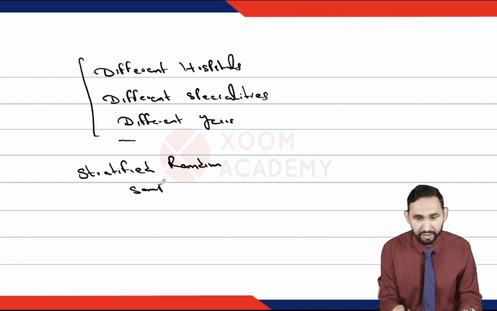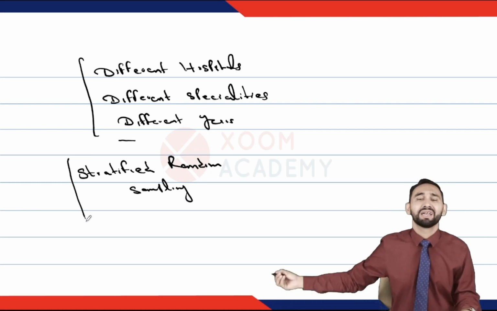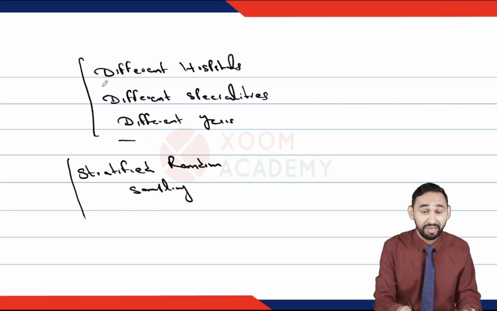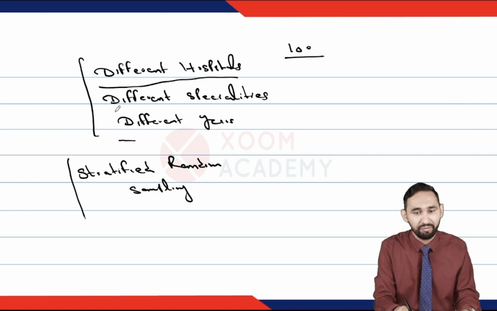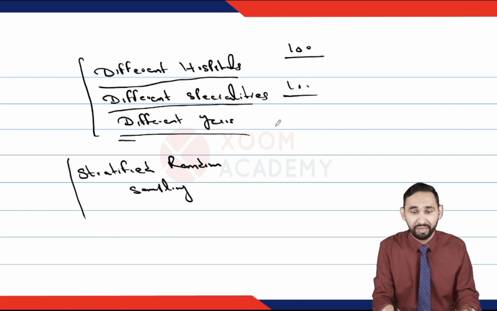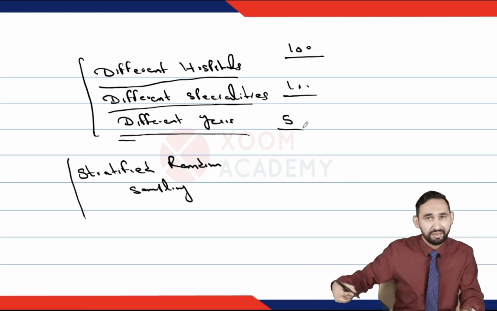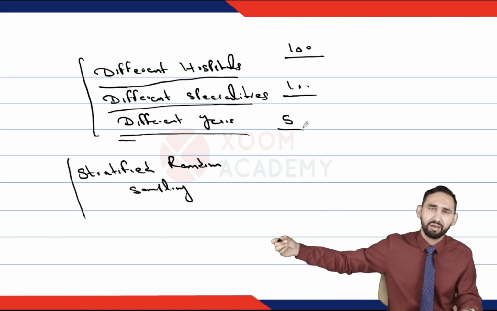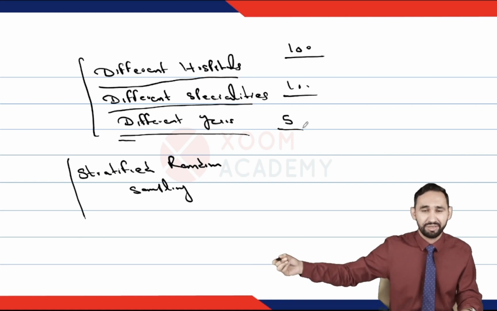Next question arises, why stratified random sampling? Why not systematic sampling? Why not simple random sampling? Why not quota sampling? Because we can make strata of hospitals. Let's suppose there are 100 hospitals, strata can be formed. Let's suppose there are 100 specialties, strata can be formed. Let's suppose there are 5 years, strata can be formed. So we need subgroups. We can make subgroups of hospitals like Mayo Hospital, Ganga Ram Hospital, LGH, Gurki, LMDC.